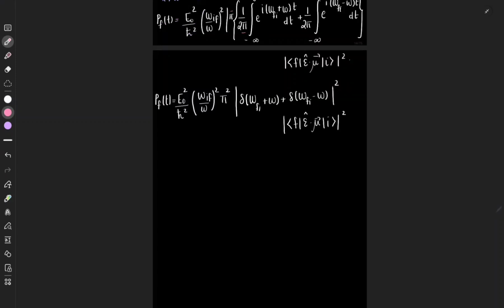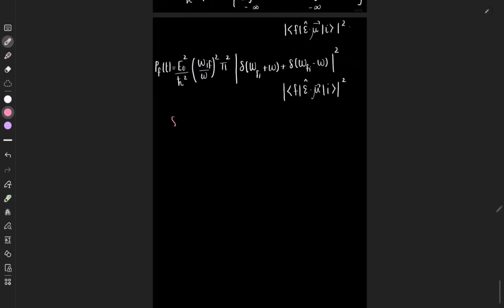Now here, delta of omega fi plus omega: if omega fi is equal to minus omega, it's just 1, and if it's not equal, then it is 0. Similarly for omega fi minus omega, if omega fi is equal to omega, then it's 1. If it is not, then it's 0.